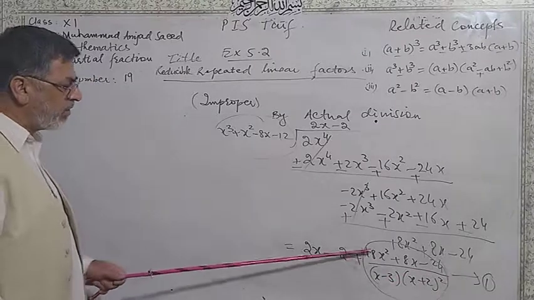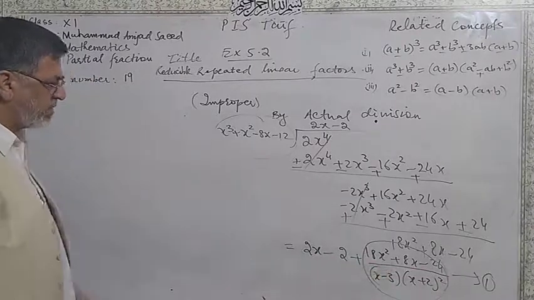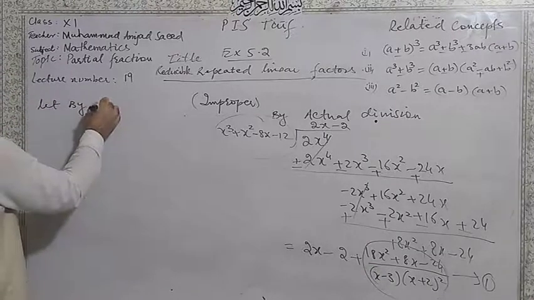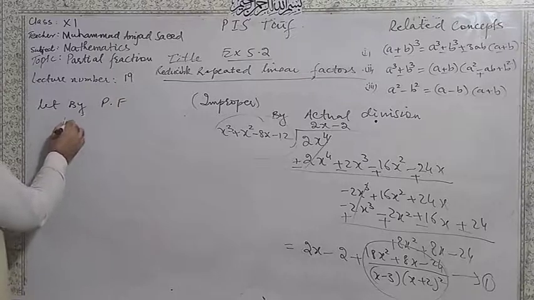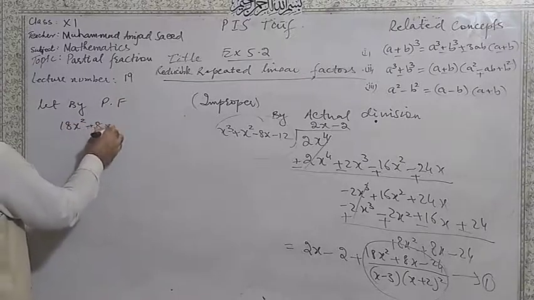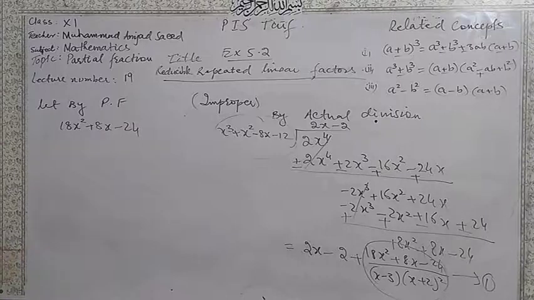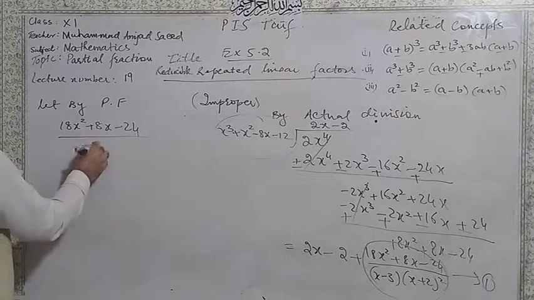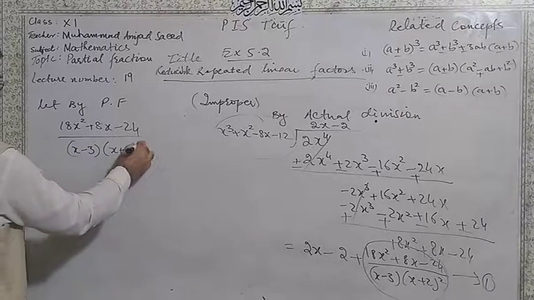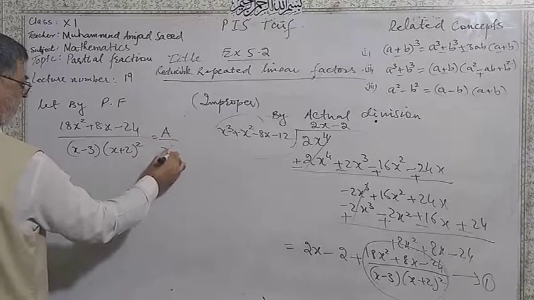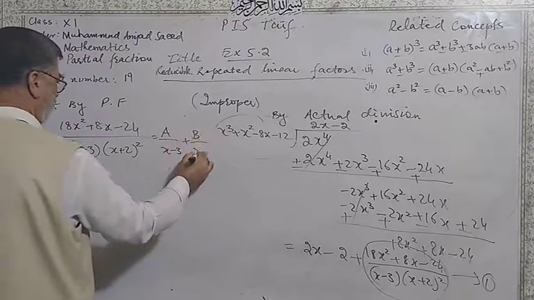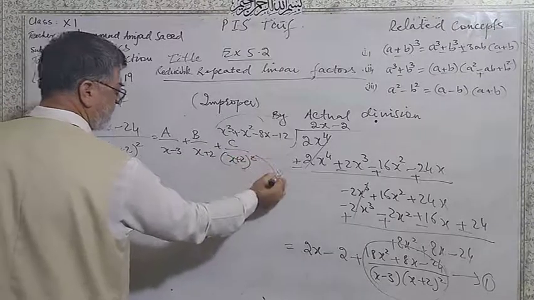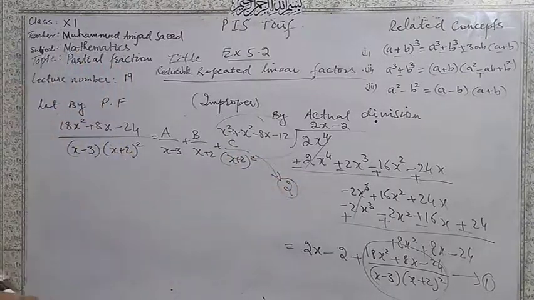So here you will have 3 terms with 3 constants. Let by partial fraction 18x square plus 8x minus 24 over x minus 3, x plus 2 square is a over x minus 3, b over x plus 2, c over x plus 2 square. This is your equation number 2.